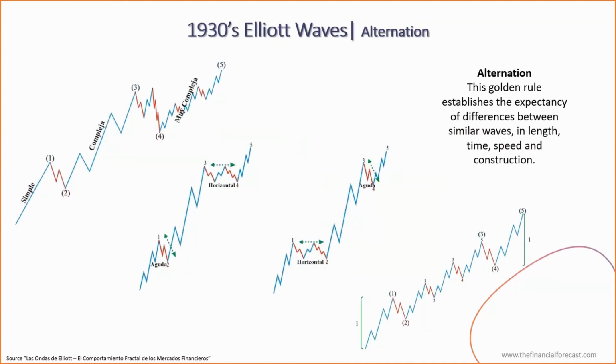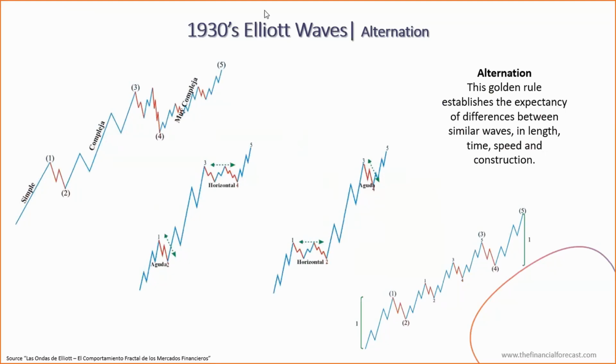I call it a golden rule because in the end it establishes the expectancy of differences between similar waves in length, time, speed, and construction, especially that piece of construction.